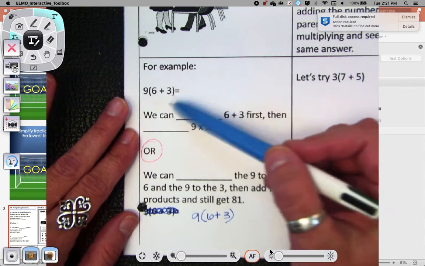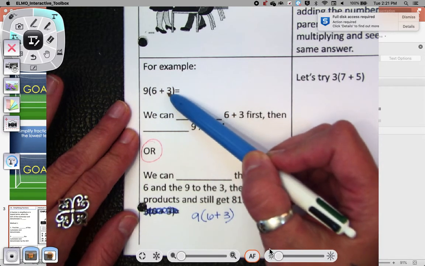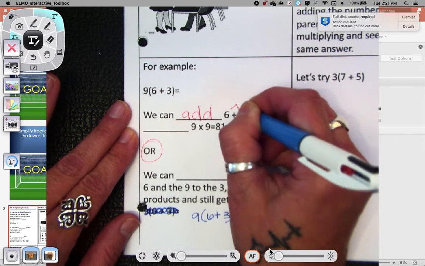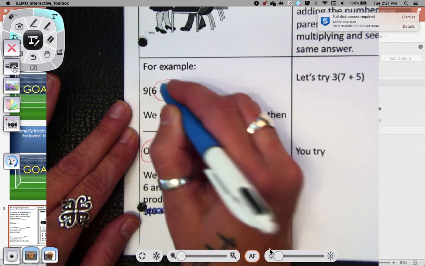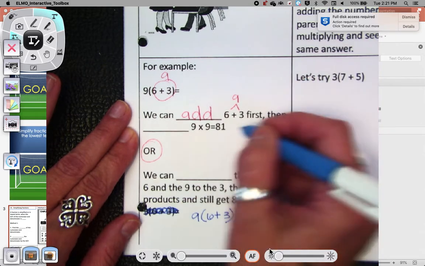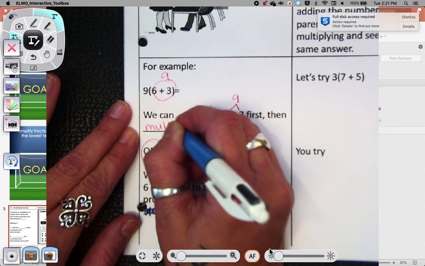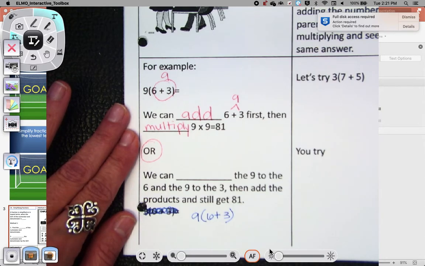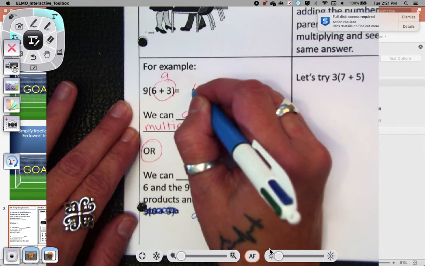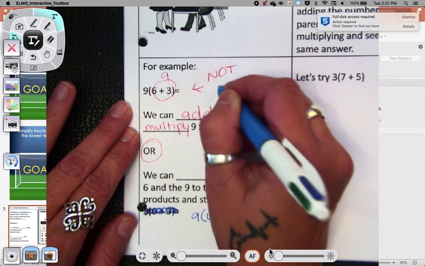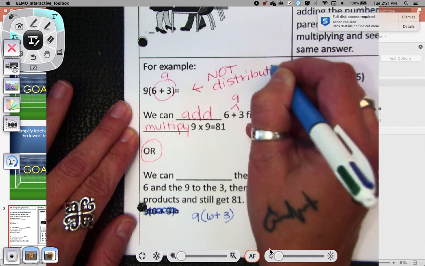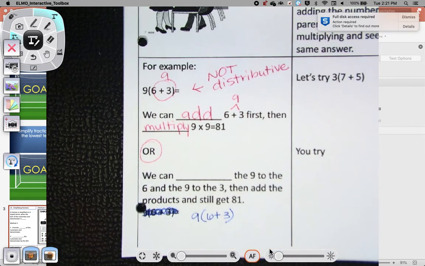Now, when you first looked at 9 times (6 plus 3), you probably wanted to add 6 and 3 first, and then multiply the 9 times the 9 to get the 81. But this is not the distributive property. This is simply adding what's in the parentheses first and then multiplying.